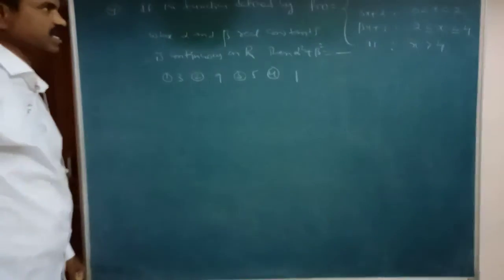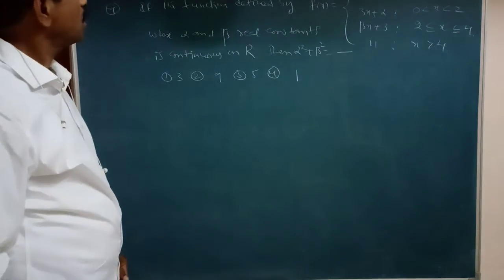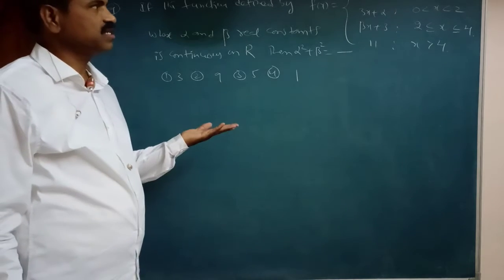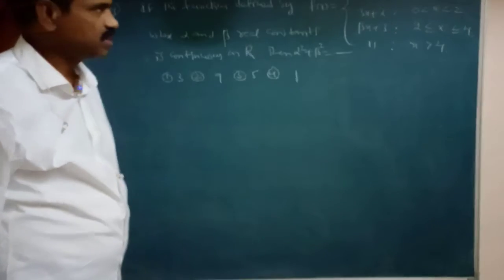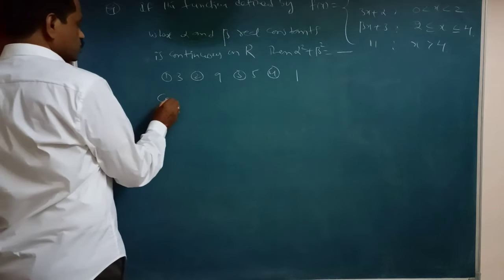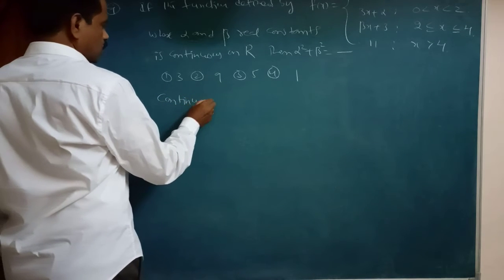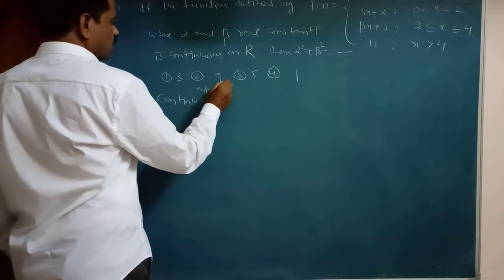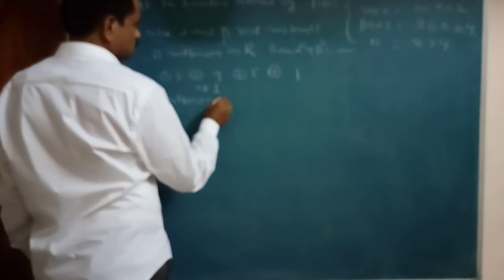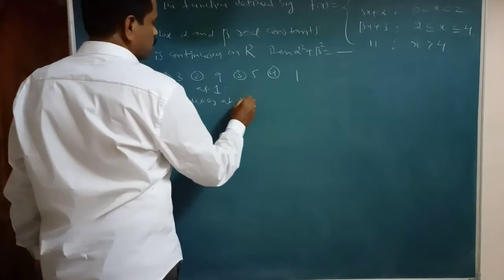So what is given here? Continuous on R. We can check it at 0, 2, 4. First we check it at 0. Continuous at 0.